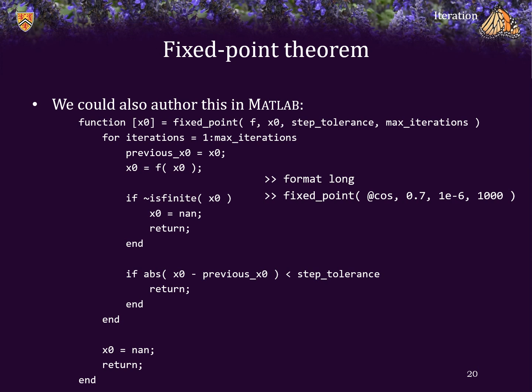So to do this, you indicate that it is a function handle by prefixing the identifier with the @ symbol. So, calling fixed point on the cosine function with an initial value of 0.7 and an absolute tolerance of 10 to the negative 6, allowing for up to 1,000 iterations, we get this approximation.